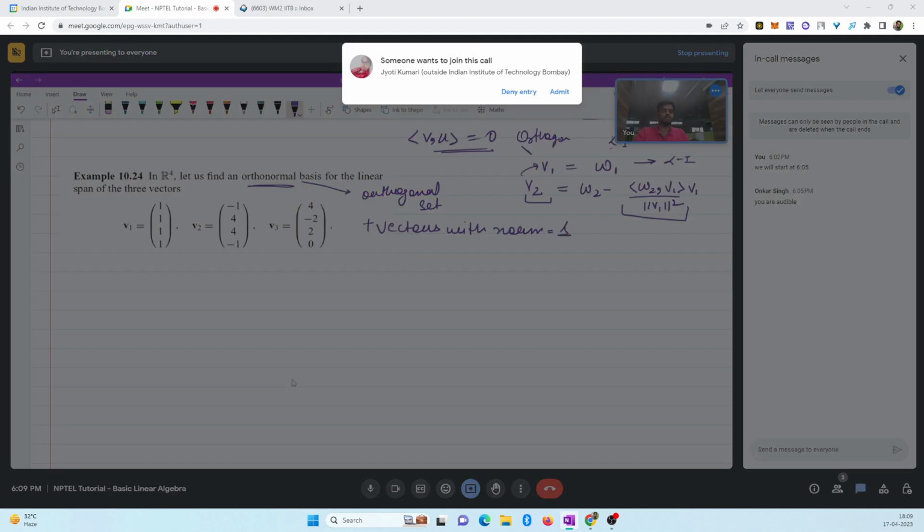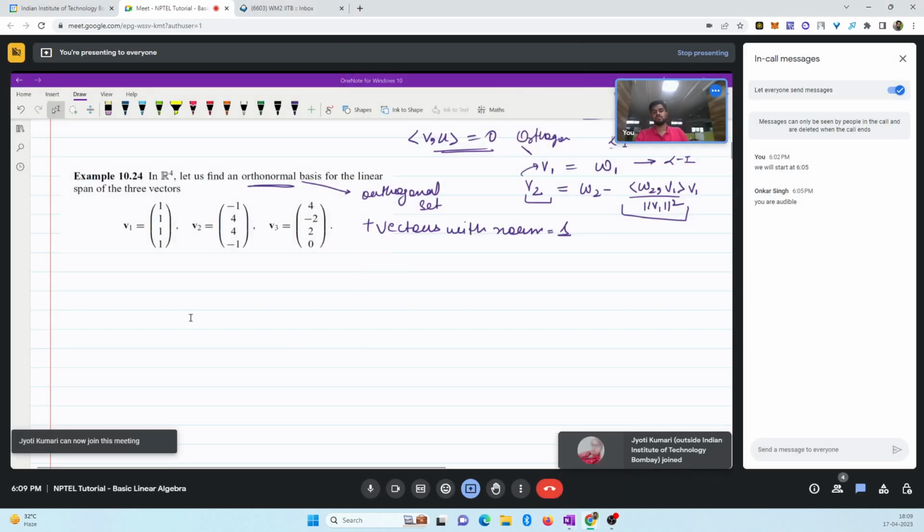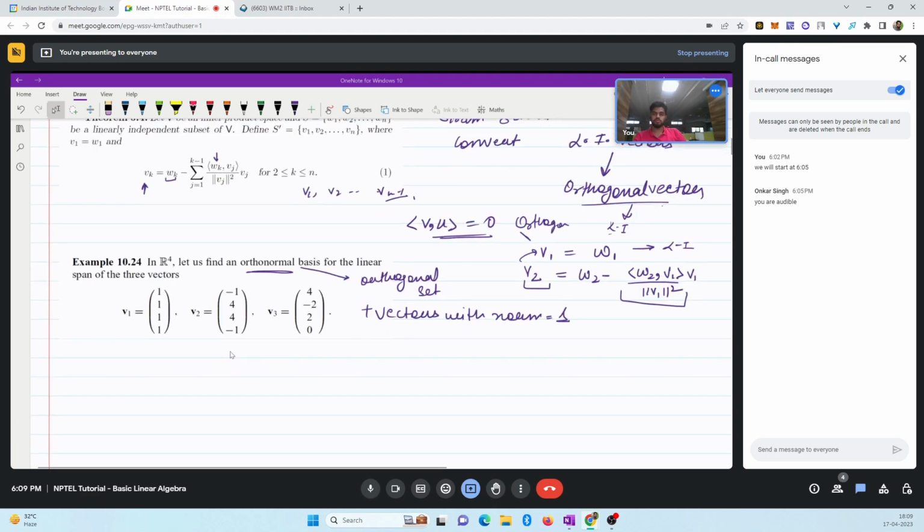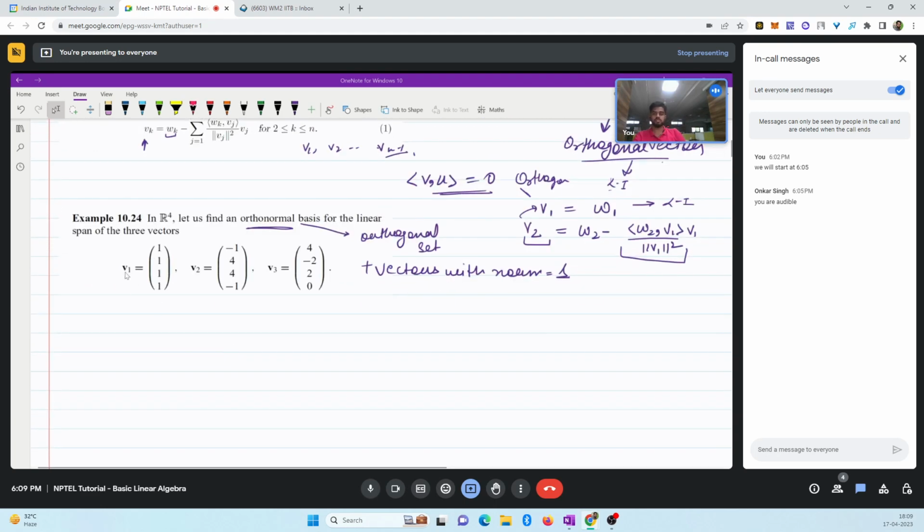So we will first convert this to an orthogonal set, and then for every vector we obtain in the orthogonal set, we'll make its norm 1 by dividing it by its norm. As per the process, there is a change in notation. This example uses v1, v2, v3 as the original linearly independent vectors, and now w1, w2, and w3 will be your orthogonal vectors.